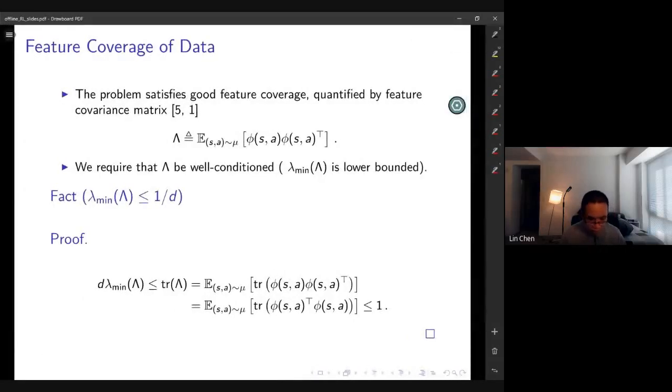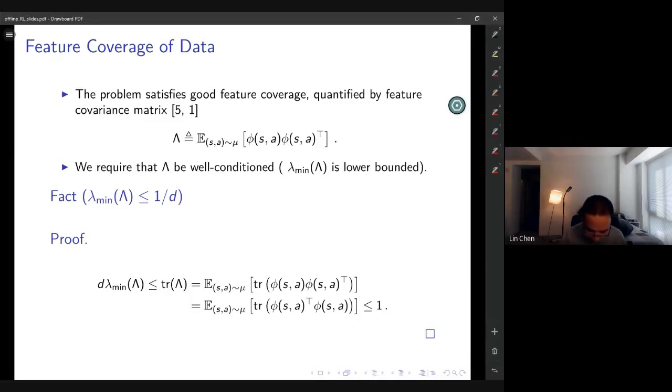And a fact is that the smallest eigenvalue of lambda is upper bounded by 1 over d. This is the best condition we can expect for the feature covariance matrix. There is a very simple proof.